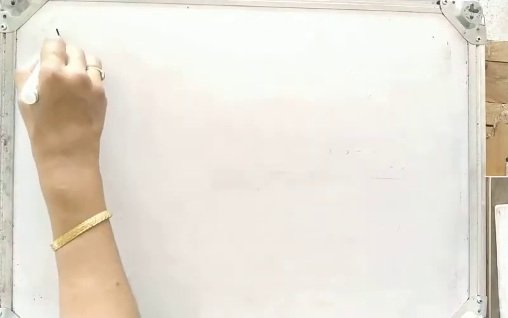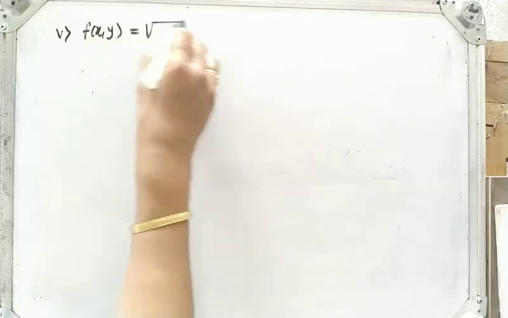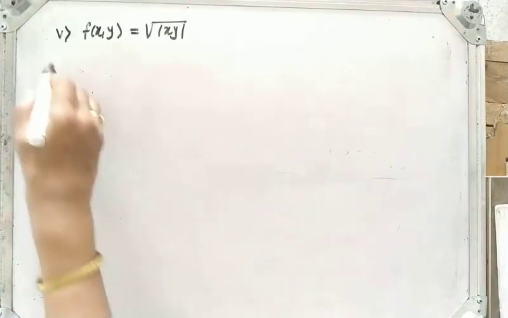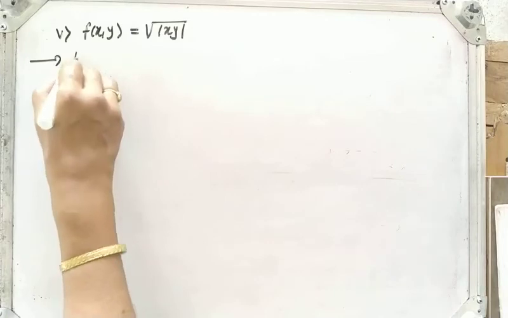Next example, that is the fifth. What is given? The function f of xy is the square root of mod of x into y. Here also we have seen that f is continuous at (0,0).